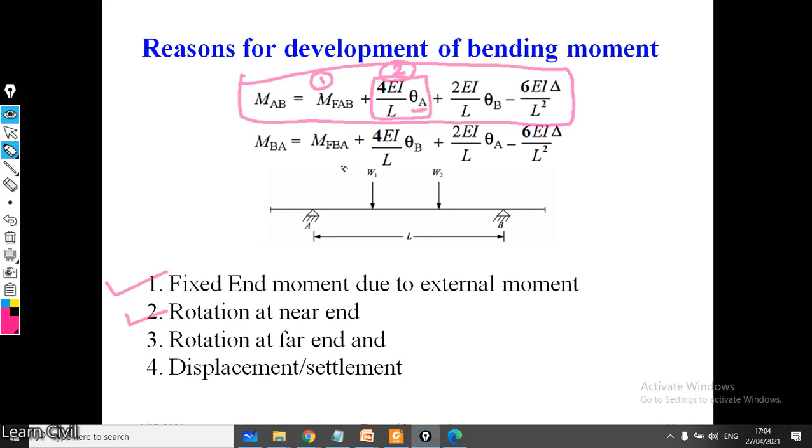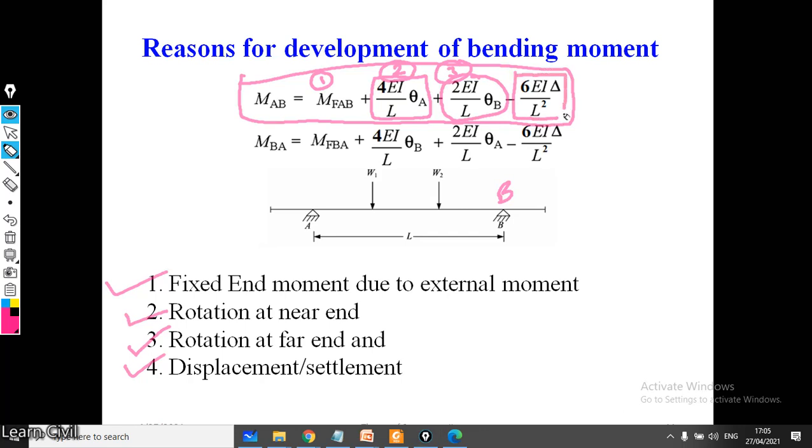Near end for AB is theta A, therefore this is the second reason. If you see this third term, 2 EI theta B upon L, this is the third reason, that is rotation at far end, the rotation theta B at this end B. And the fourth reason for development of bending moment is displacement or settlement.